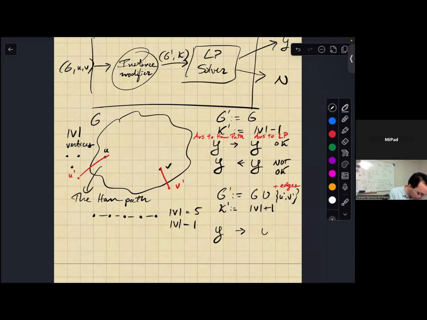Well, if I have a Hamiltonian path from U to V, then it also means that I have a Hamiltonian path from U prime to V prime. Why? Because I just start from U prime, I go to U, and then I use the existing Hamiltonian path, and then from V, I go to V prime.